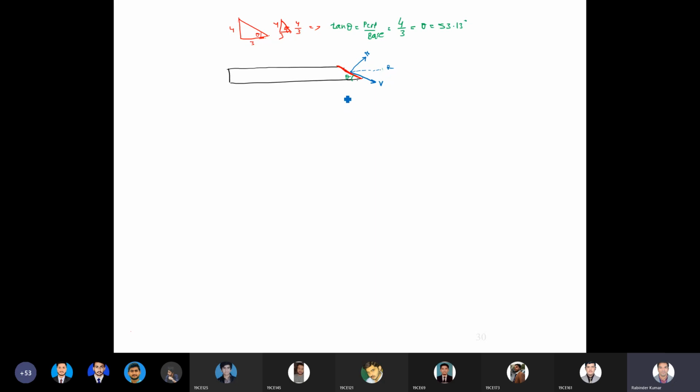Now you just need to use the relationships. Which relationships do we need to use? Now see, this and this angle are opposite. So if this is theta, this will also be theta, and we know that theta is equal to 53.13 degrees. So what will be this angle?